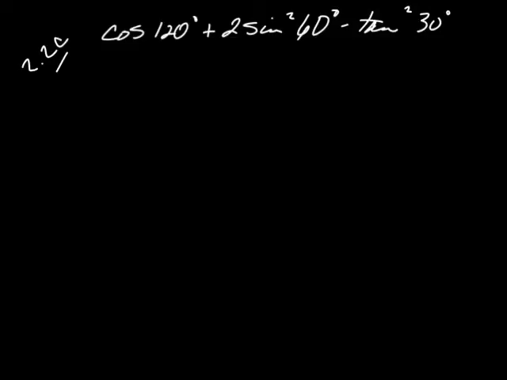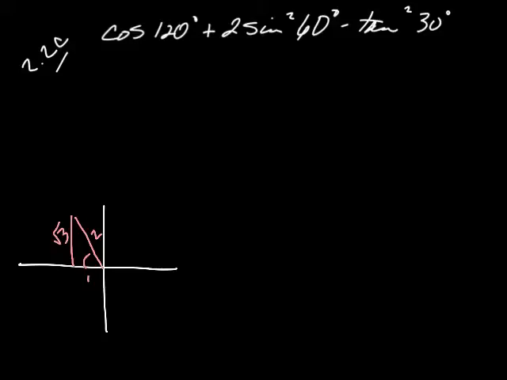So, cosine of 120. I still like to use my little table here. So the cosine of 120 is going to be about right there. It's going to be a 60-degree angle. So that's 1, 2, square root of 3. So the cosine of 120 is going to have 60 degrees as its reference angle.